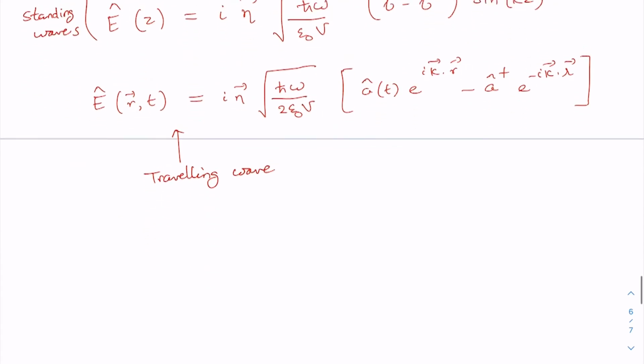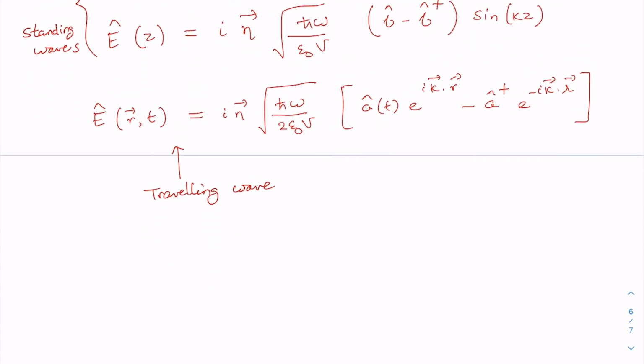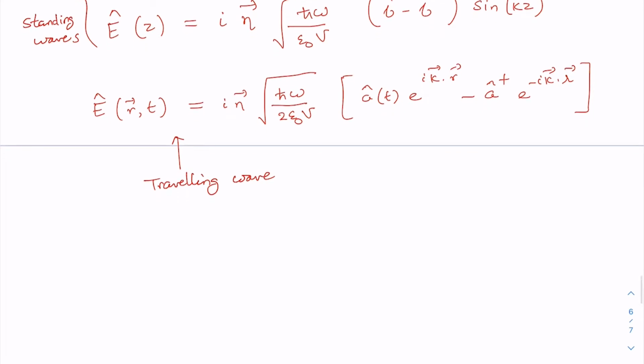Now while both the traveling wave mode and the standing wave mode behave like harmonic oscillators when quantized, there is a subtle difference with regard to the photon concept associated with standing wave and the traveling wave.